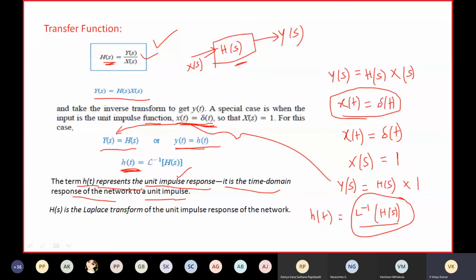So h of s is the Laplace transform of the unit impulse response of the network.